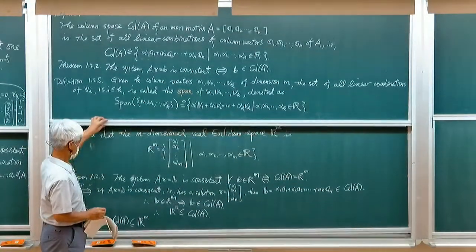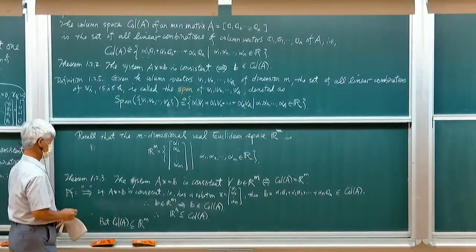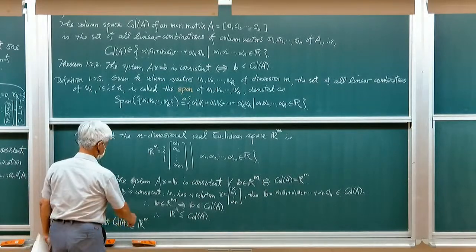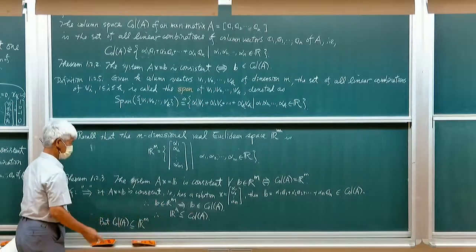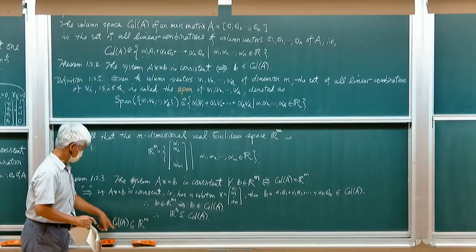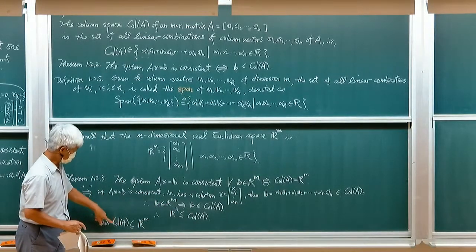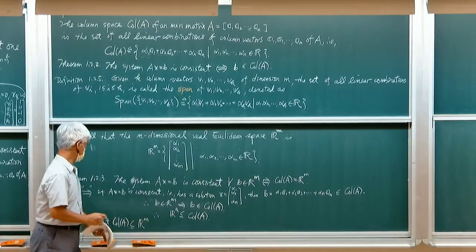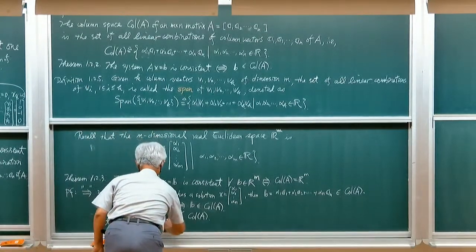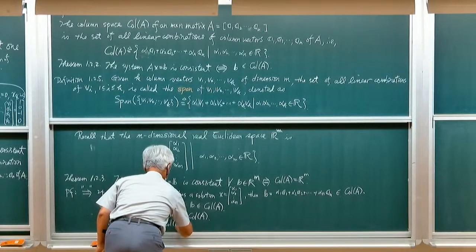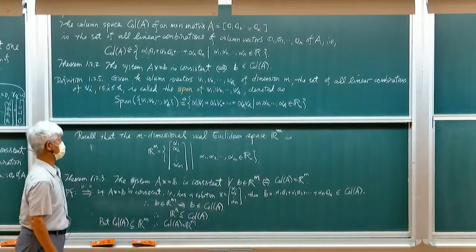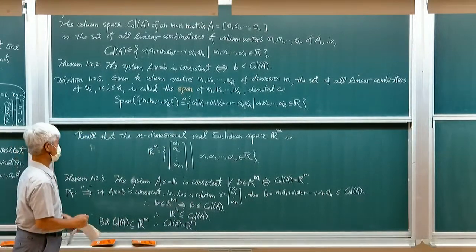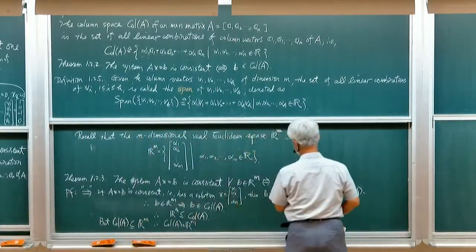Okay, so this must be true. Conversely, the column space of A is a subset of R^m, so that they must be equal. Okay, so this shows this direction.